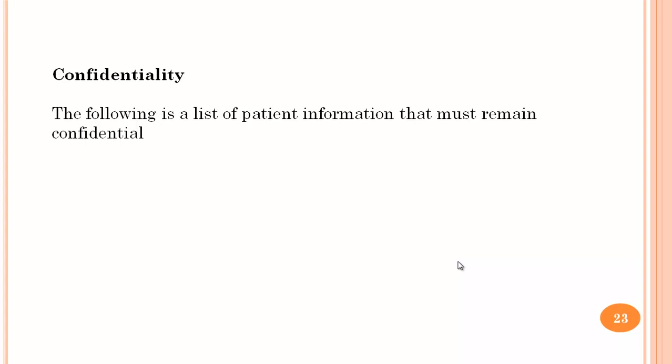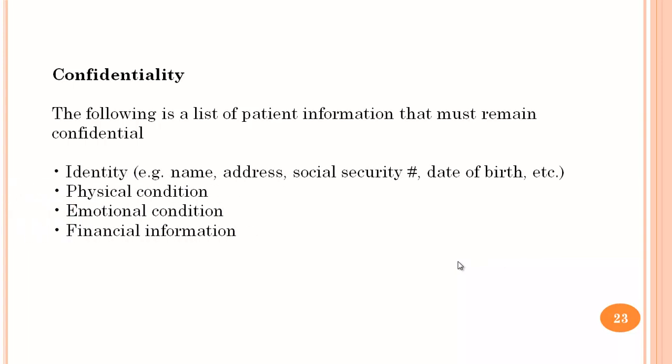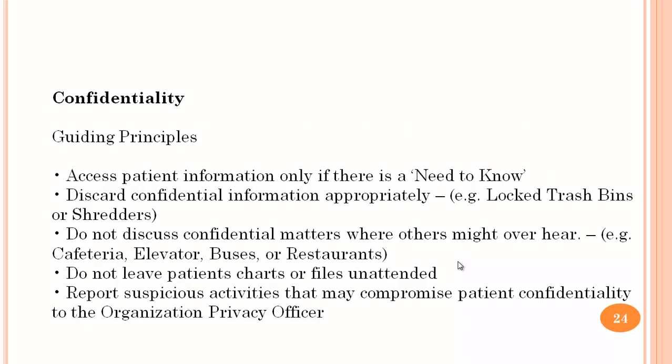Confidentiality. The following is the list of patient information that must remain confidential. Identity, for example, name, address, social security number, date of birth, etc. Physical condition, emotional conditions, financial information. Confidentiality guidelines principle. Access patient information only if there is a need to know.